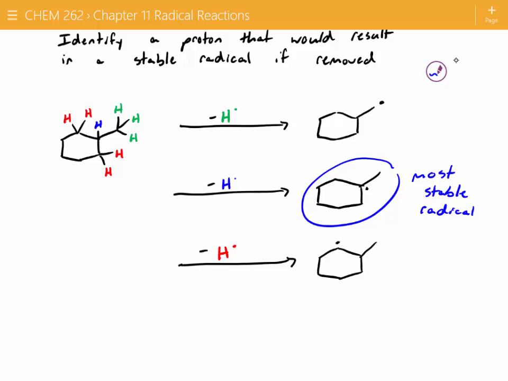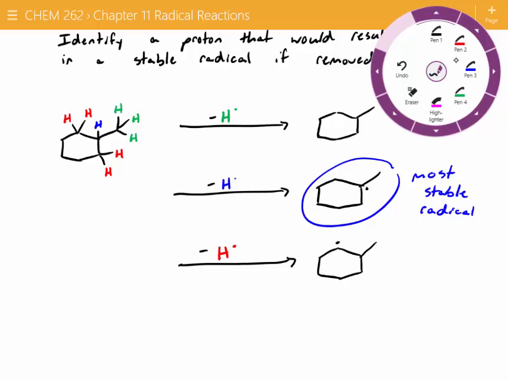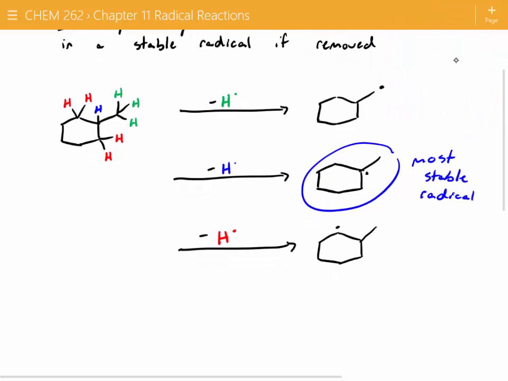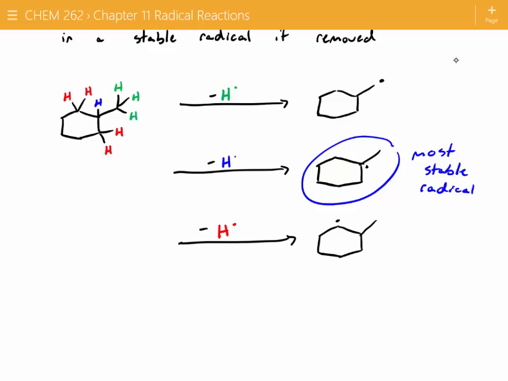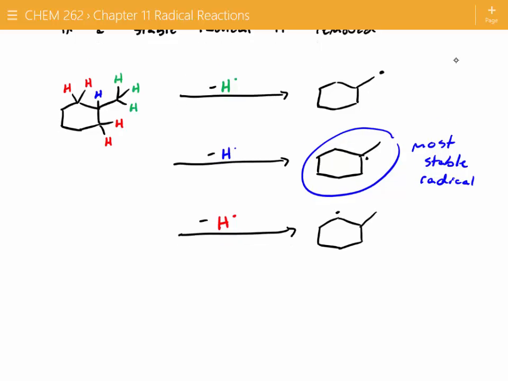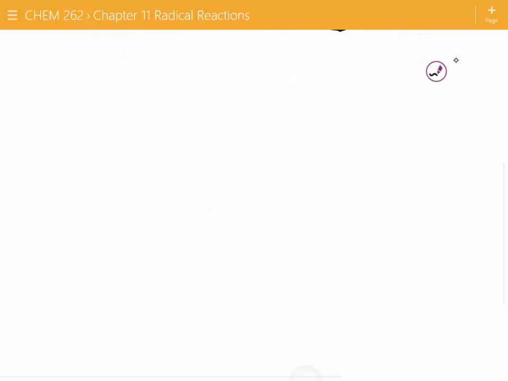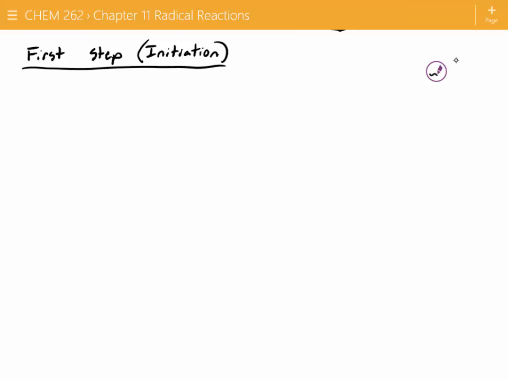All right. Now let's get down to the nitty-gritty of this reaction. So the first step is we have to somehow form a radical, and that's called an initiation step. Initiation of a radical can be achieved a couple different ways.